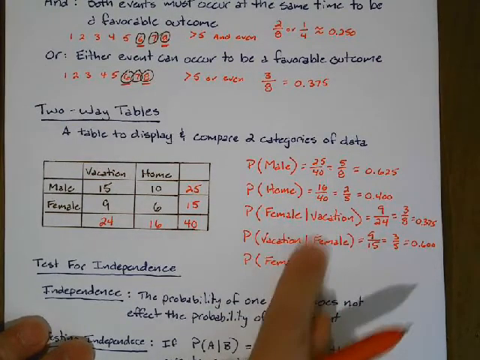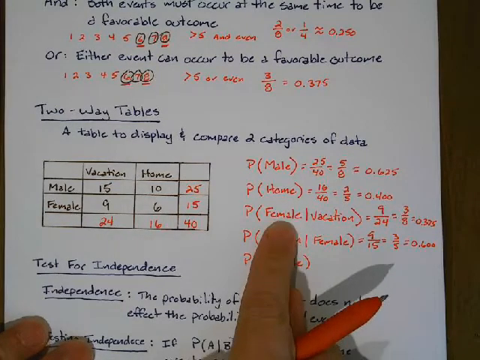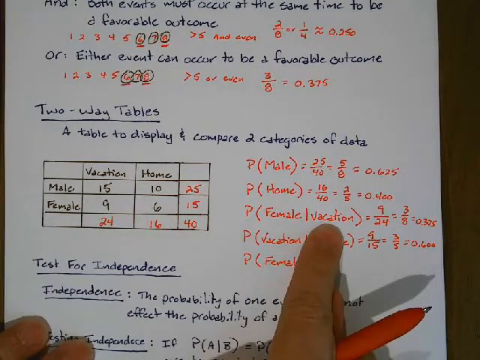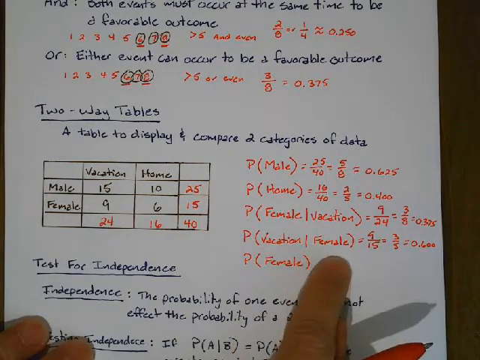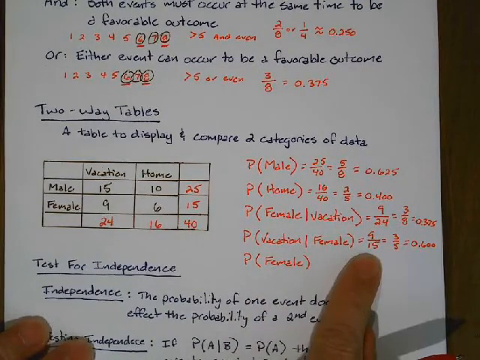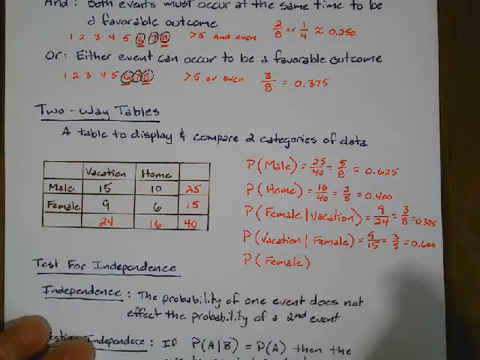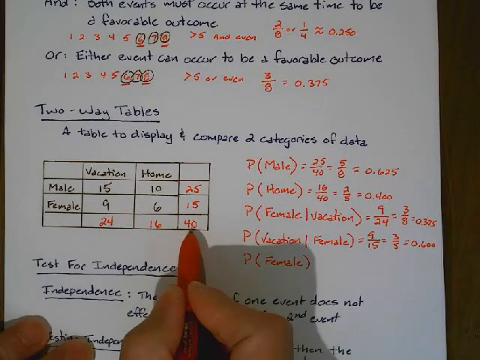So these are 2 separate probabilities. This one is saying females given that we're only looking at people on vacation. This one's saying looking at people going on vacation given that we're only looking at females. So the given that changes the denominator. Okay, let's look at the probability of females. Probability of females would be 15 out of total of 40.